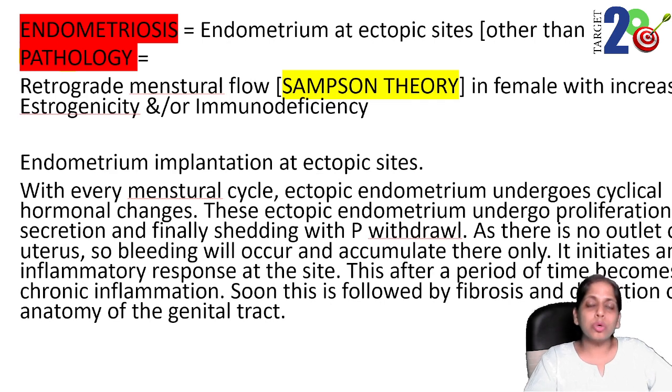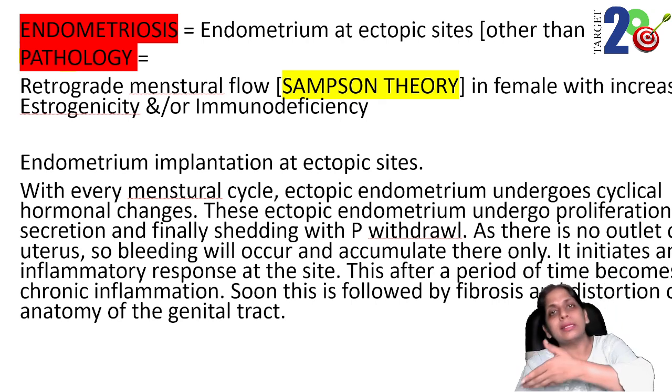Okay, so what is basically the pathology behind it, and how did it go there and where will it go? The most accepted theory is given by Sampson, and it is also known as the Sampson theory. Sampson said retrograde menstrual flow. Usually menstrual flow is from the endometrial cavity to the cervix to the vagina and then out.